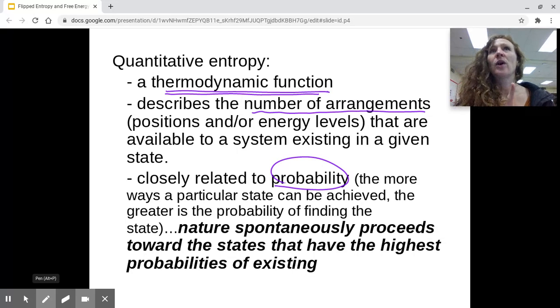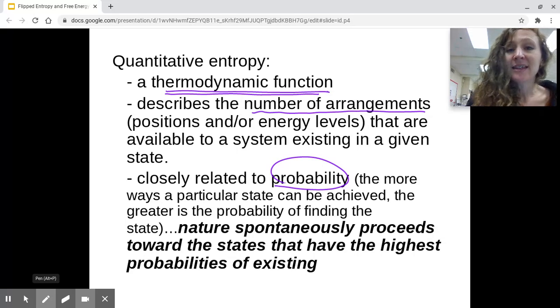Now think, how many different ways are there to disorder the deck of cards? There's a whole heck of a lot more ways that you can organize a deck of cards in a disorganized way compared to that one possible way to organize it in terms of increasing value and suit.